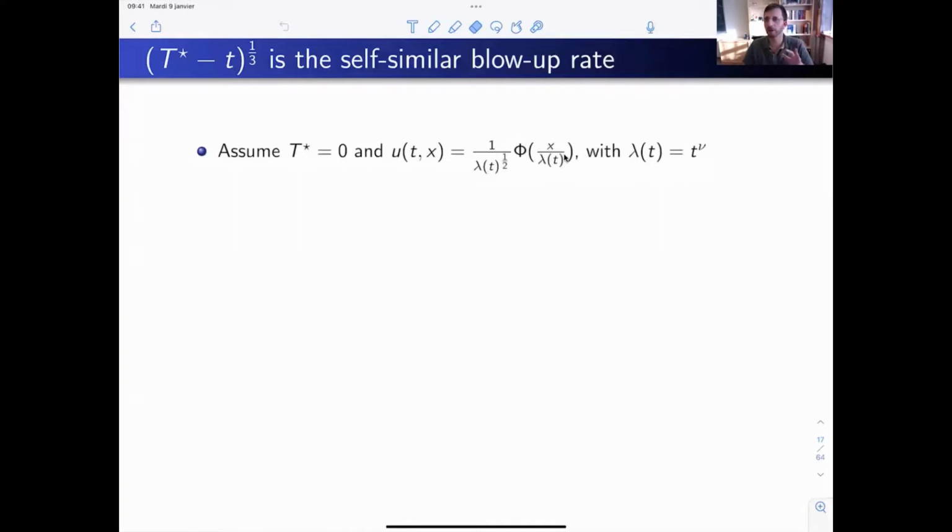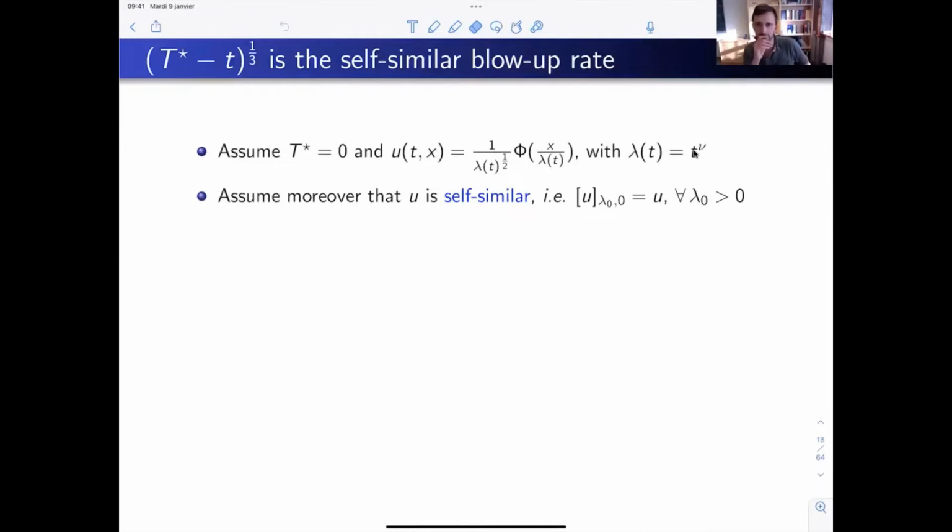Okay, so phi is a profile. What I expect is that this profile will somehow focus, because lambda(T) will be a number going to 0 when T is going to 0. Okay, so here, for example, I choose lambda(T) a power, so T to the mu. And then I will assume that this solution is self-similar.